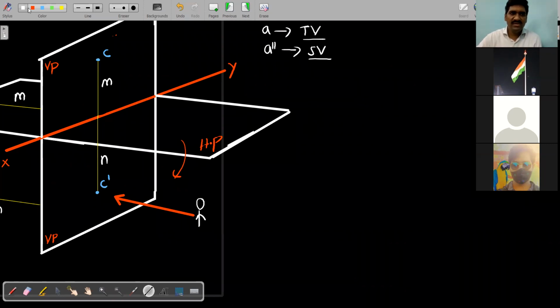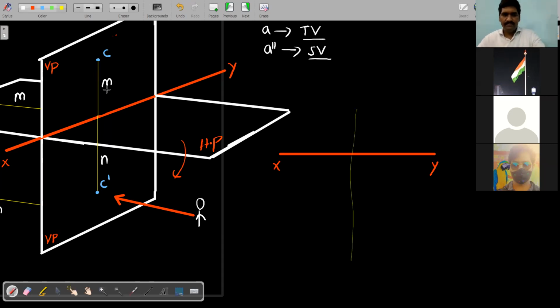Okay, so now this one is the XY line we have. The first thing, the XY line we have. I put the top view and the front view, therefore I am drawing a line here. Now just see, this one is what? The point C. Point C, point C dash.